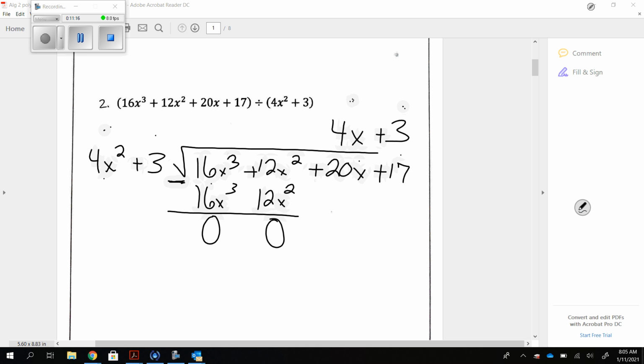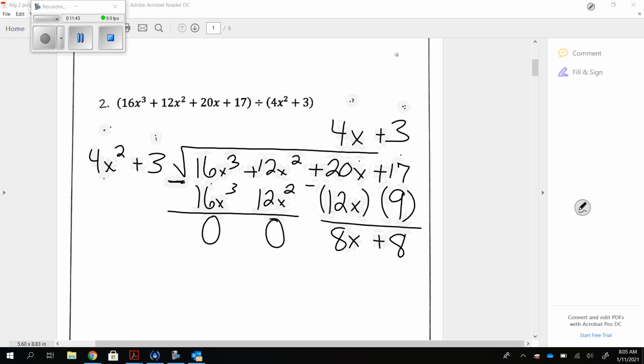So 4x times 3 is 12x. Then this positive 3 times this positive 3 is 9. Then from here, do not forget, we are subtracting both of them. All right? 20x minus 12x is 8x, and then 17 minus 9 is a positive 8.